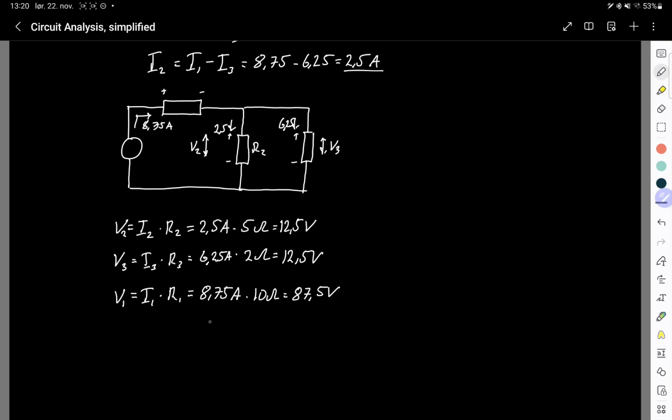And what is 87.5 plus 12.5? Well, it's exactly 100, which was our generation voltage. Because these added together become the complete voltage drop, because there is no extra voltage drop when you've got a parallel. It's just the same.